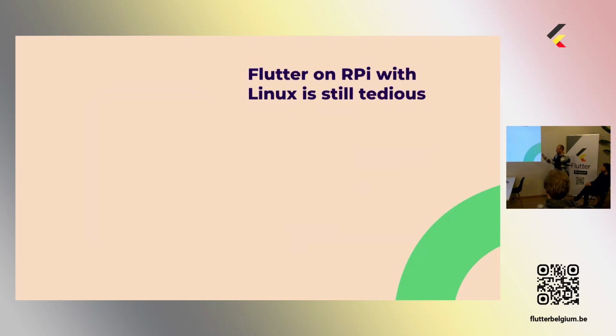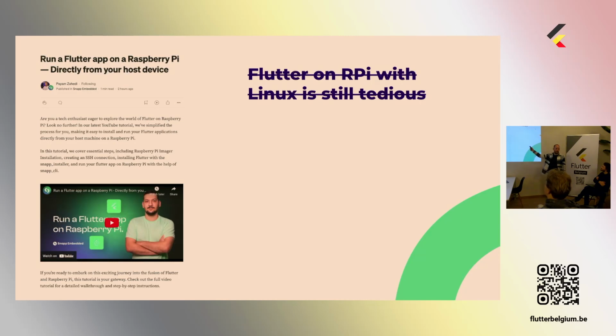Then another solution that I was thinking was, okay, can we use just Flutter on a Raspberry Pi that is just running Linux? Because Flutter is completely available for Linux for desktop. But it is still quite tedious to set up. I thought until this morning when this article came out, which actually gives a video of how you can connect your Raspberry Pi to your development machine and just run directly on the Raspberry Pi.